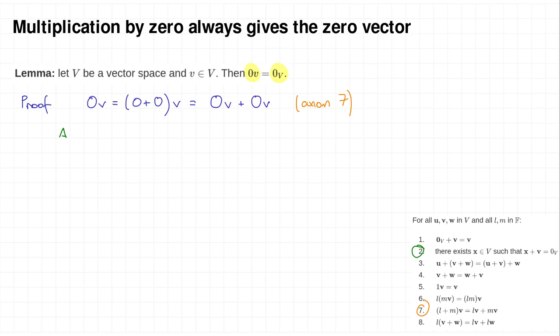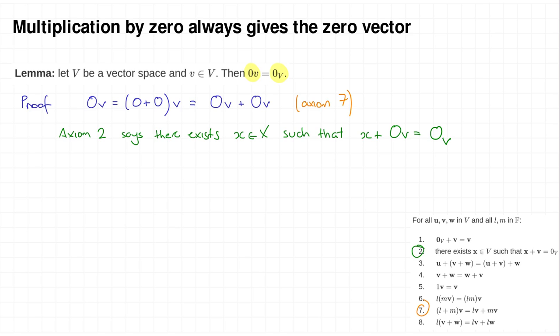So Axiom 2 says there is an element x of V such that x plus 0 times v is equal to the 0 vector, 0 subscript v.